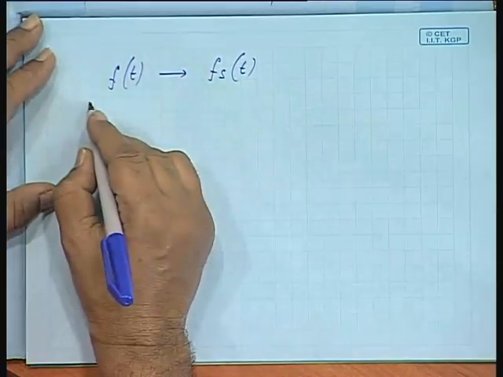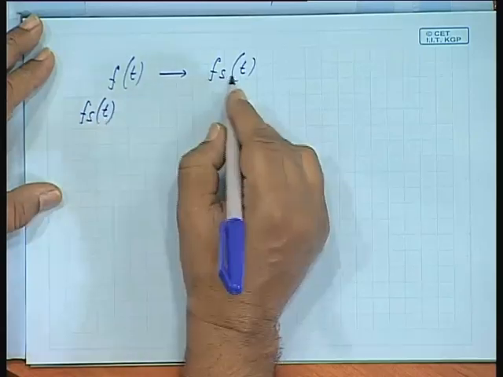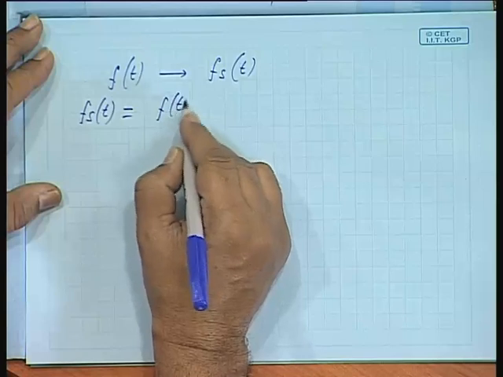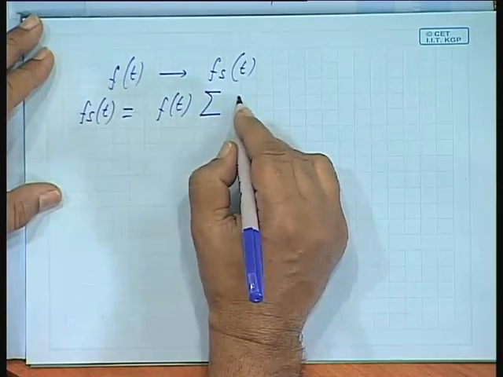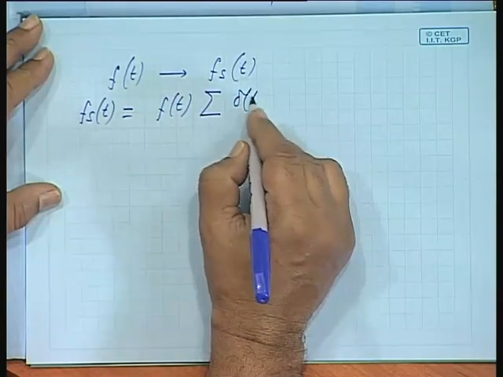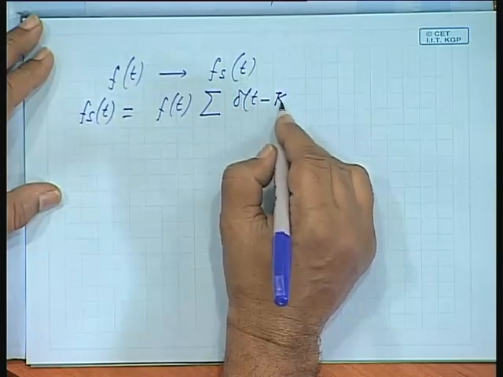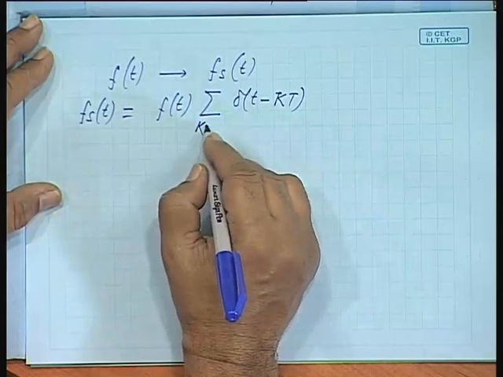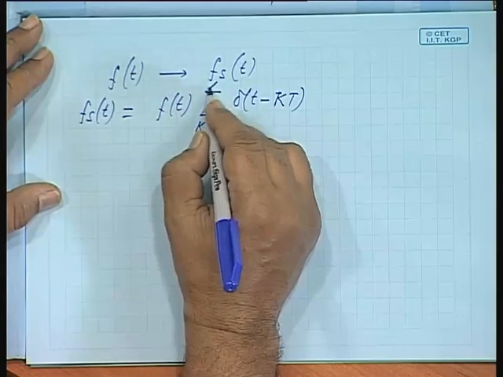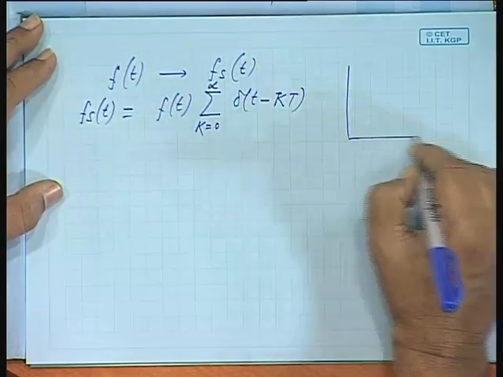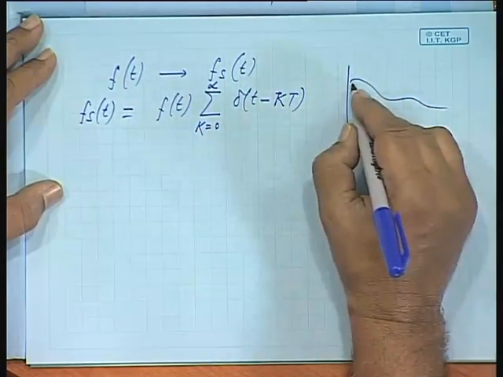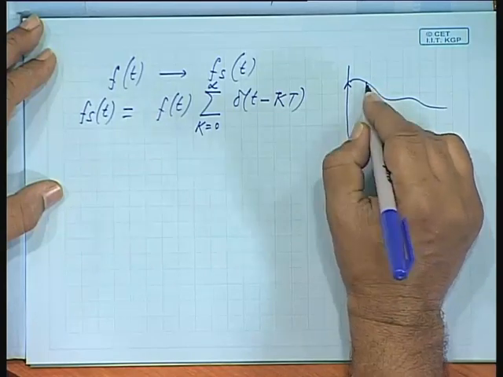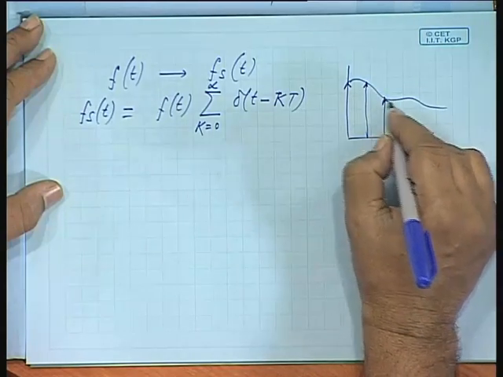I can write sample values of a continuous function as f t multiplied by a series of delta functions at regular intervals of T, where T is the sampling time, k varying from 0 to infinity. So, these are the sampled values.